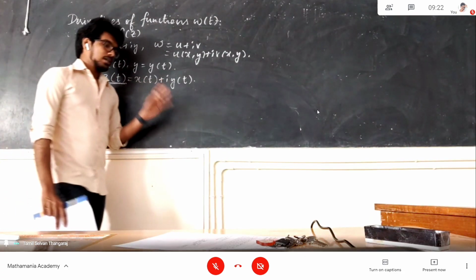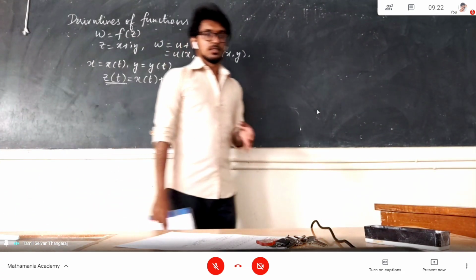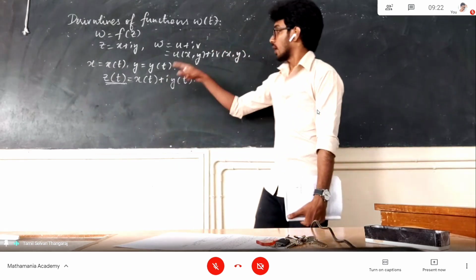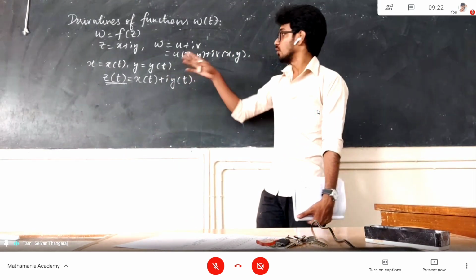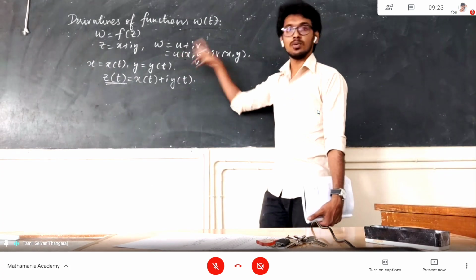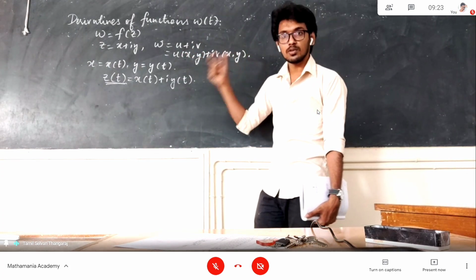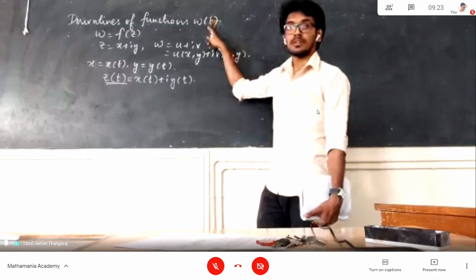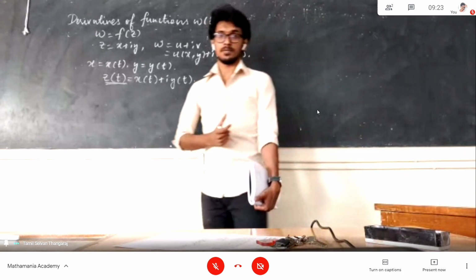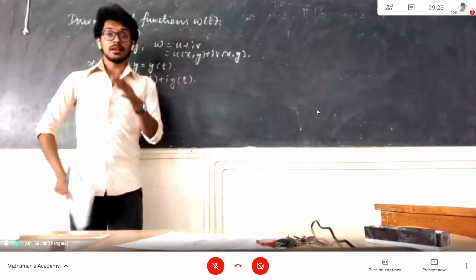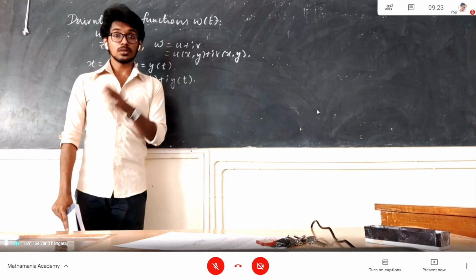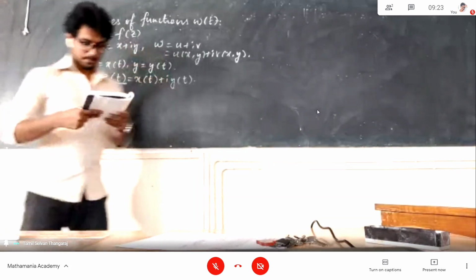But here, these are not real valued functions, right? Maybe your x and y are real valued, and when you split these things, your u and v are real valued, but together, w of t is a complex valued function. It has some real part and imaginary part, both in terms of t.